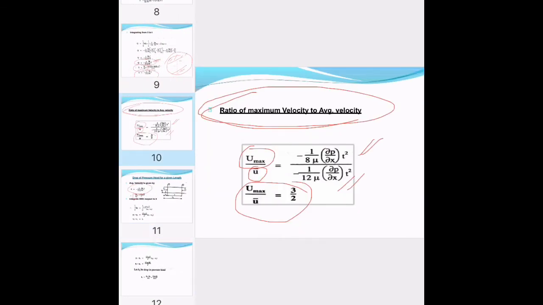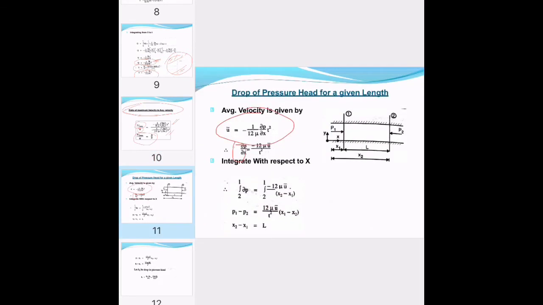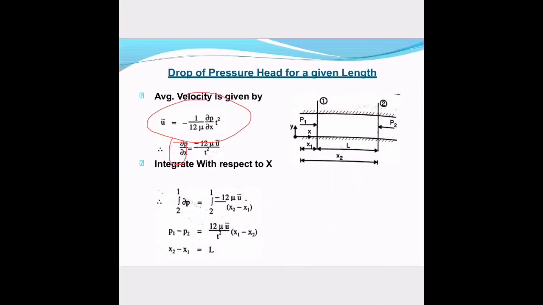Let us consider the distance as L. After calculating, average velocity, which you already know, is given by minus 1 by 12 mu del P by del x t square, which you can modify to del P by del x equal to minus 12 mu u bar divided by t square.